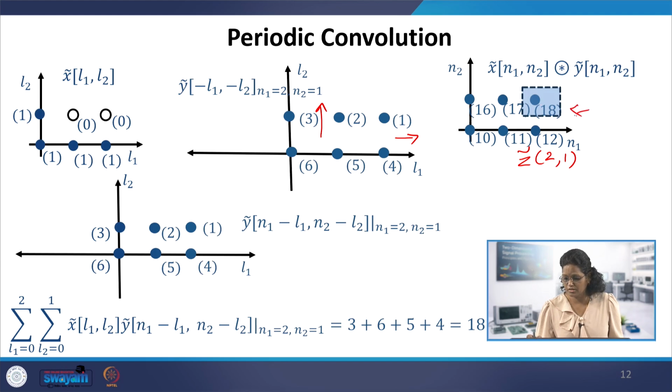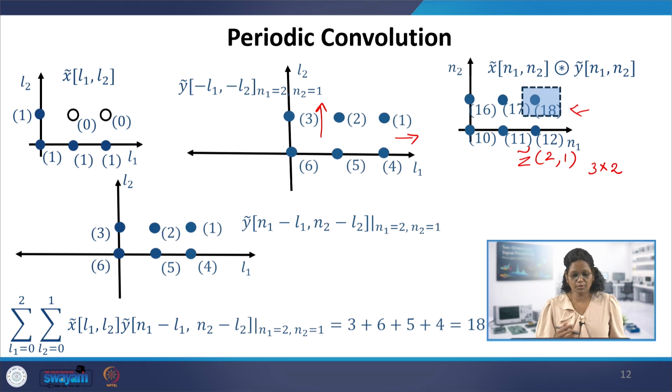You see the resultant length of this sequence is also 3 by 2. It's not like the linear convolution, where the length varies up to n1 minus 1 plus n2 minus 1 and so on, so n1 plus n2 minus 1. That's the length of the linear convolution, whereas here the convolution length remains the same.